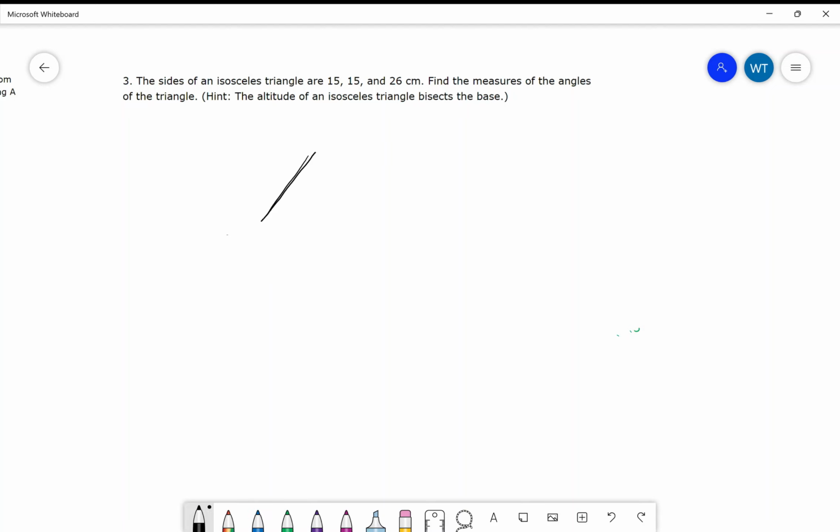We are doing the isosceles triangle. And that's going to be the 90 degrees. And we know these sides are the same. So this is 15 centimeters. And that's 15 centimeters. Which means we know that that's our angles.